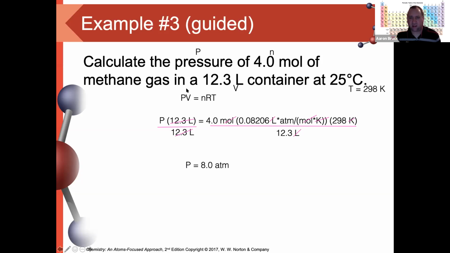Now, like I said, this didn't ask us for a specific pressure unit. I could have gone in any direction from here. I could have used 62.36 and gotten torr. I could have used 8.314 and gotten kilopascals. It didn't get specific with us, but more often than not, I go with atmospheres by default.